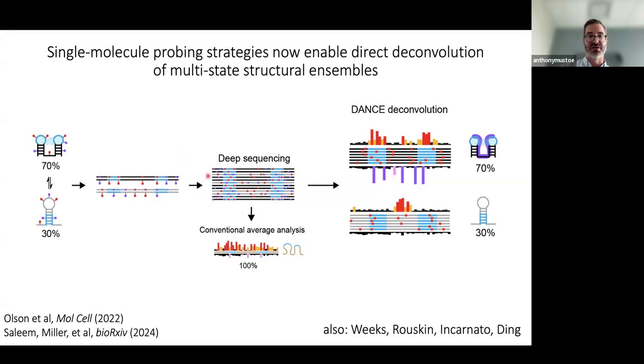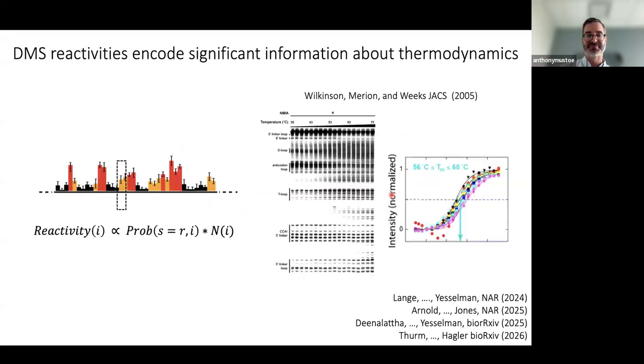I'm not going to talk about those today, but there are plenty of papers out there at this point describing this work. I'm showing this image here because I will note that this deconvolution strategy does work with the N7 data as well, so we can measure these N7-specific protections in different states.